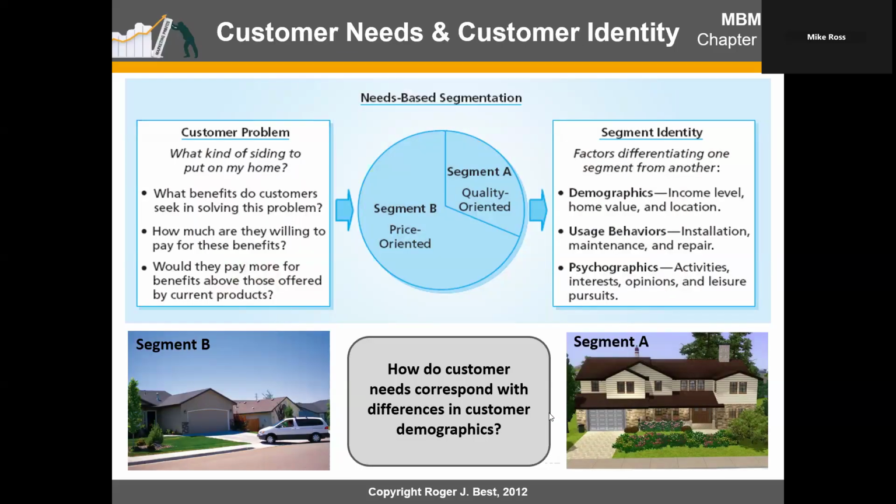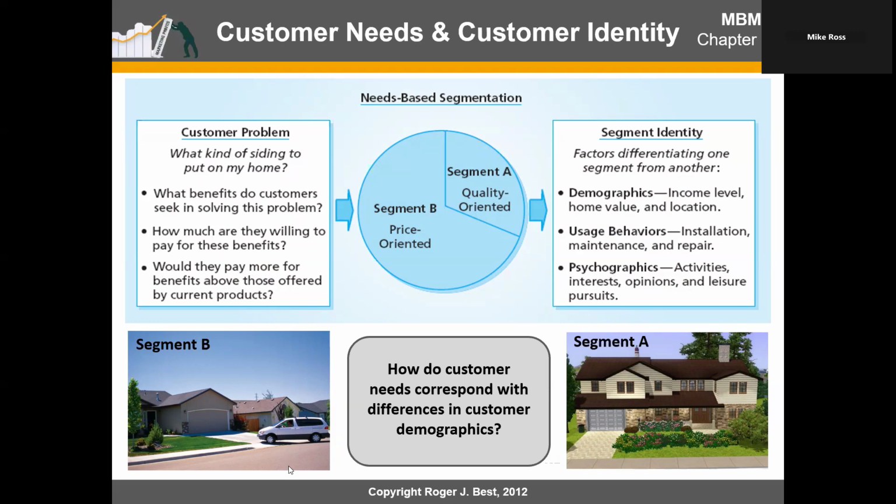So if we start to peel this back a bit, we might say, let's look at different needs-based segments. So here's a customer problem. What kind of siding to put on my home?